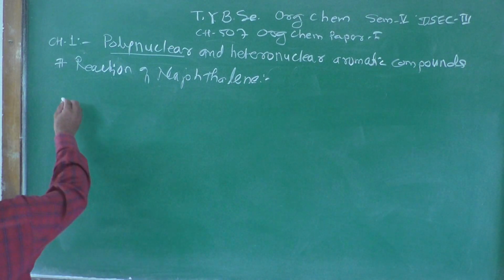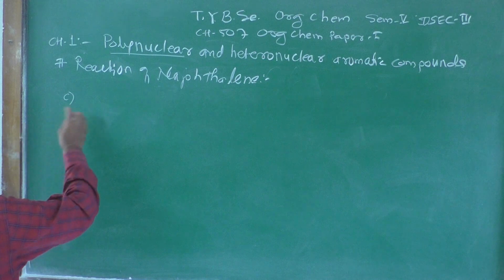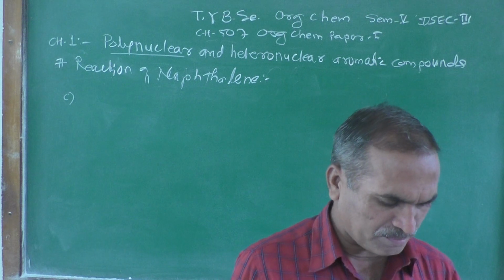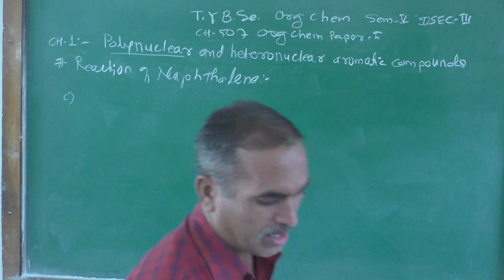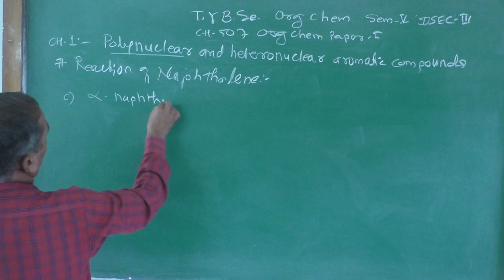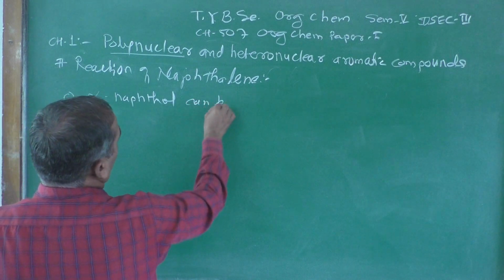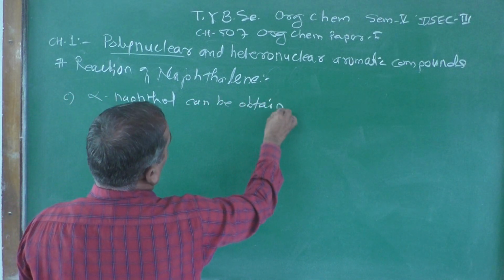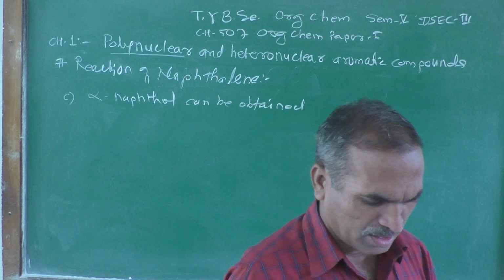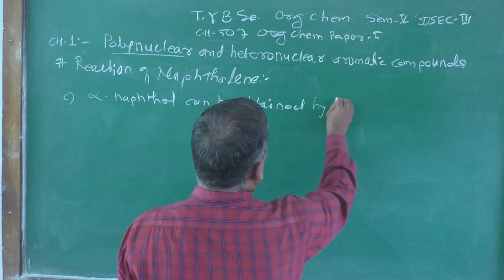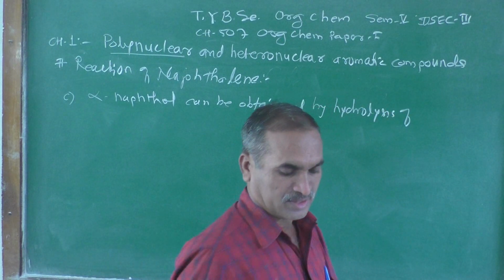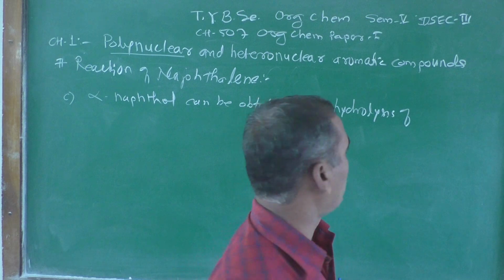So let us see here, A and B we already discussed, and this is C: alpha naphthol can be obtained by hydrolysis of the corresponding amine.